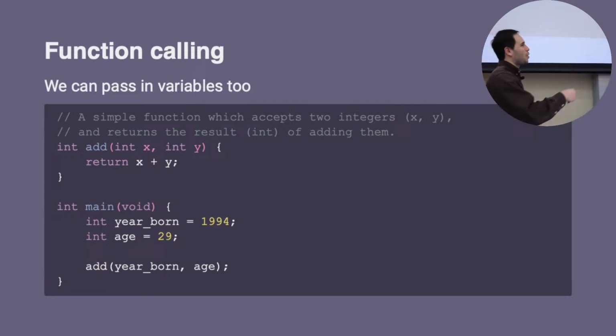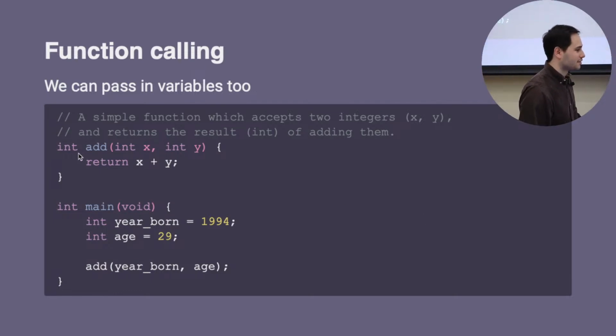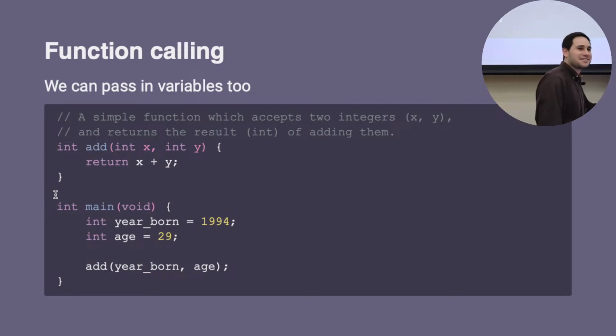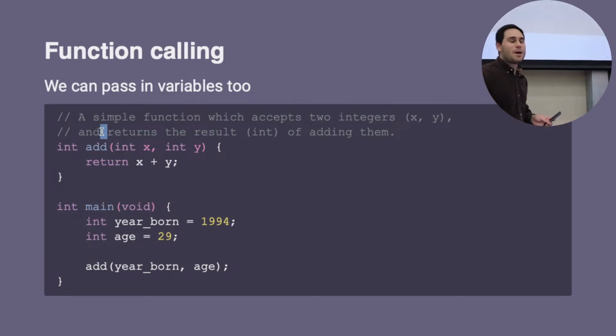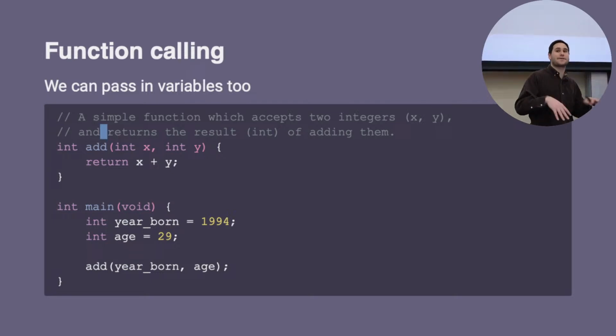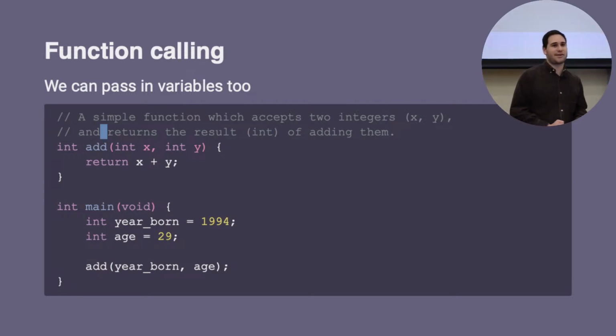The question was, what happens if I define my function here, then in between the two functions I hash include standard IO? Will there be a clash if I name this function printf? And the answer is yes, there will, because anything with a hash in front of it actually happens before compilation. So it'll include it and then try and compile it, and then there'll be an error.